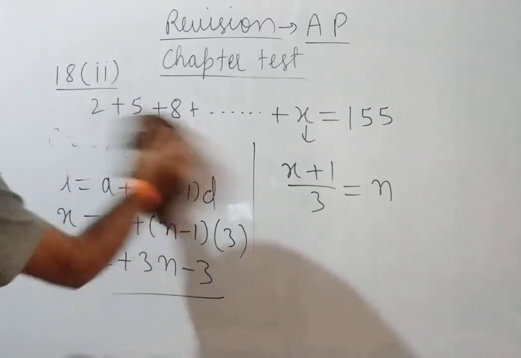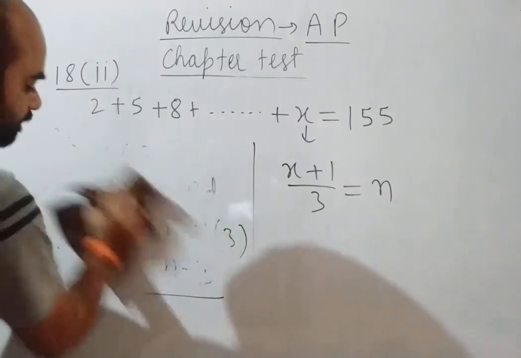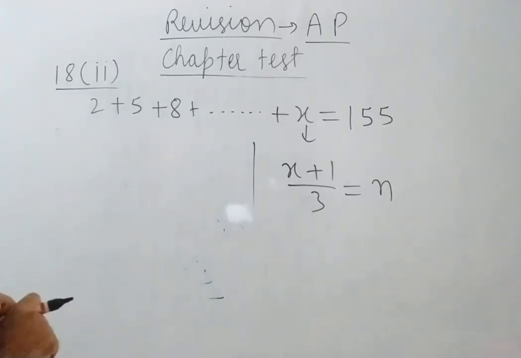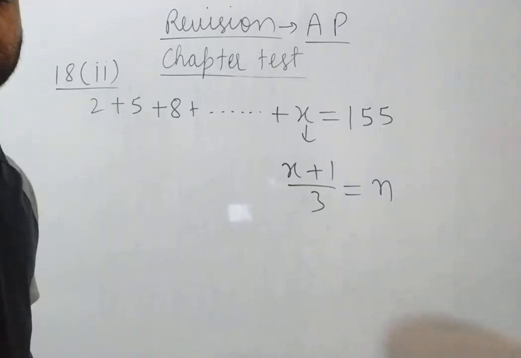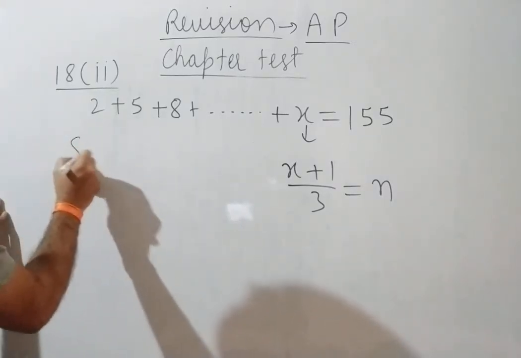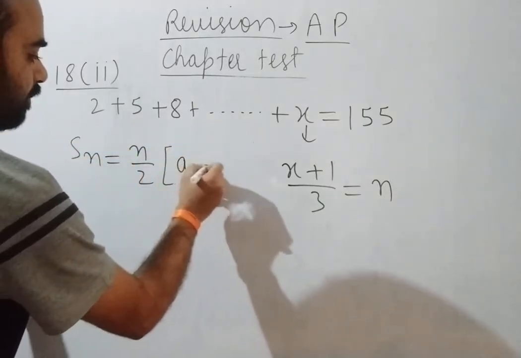Now we will use the formula Sn, that is with a plus l. So we will apply the formula Sn is equal to n by 2 into (a plus l).